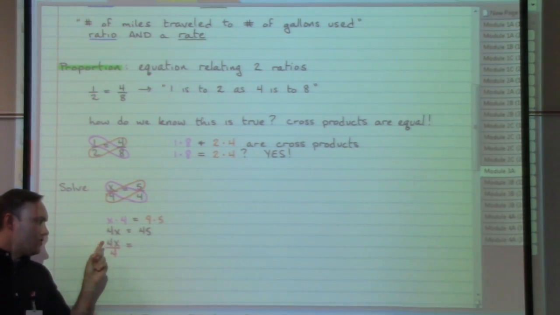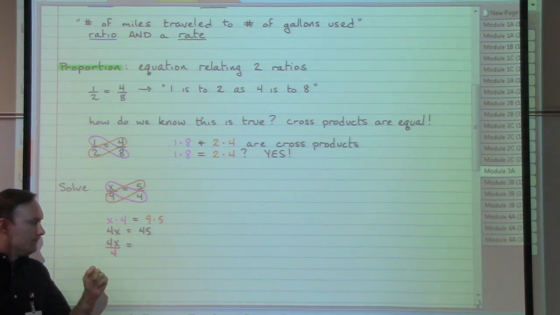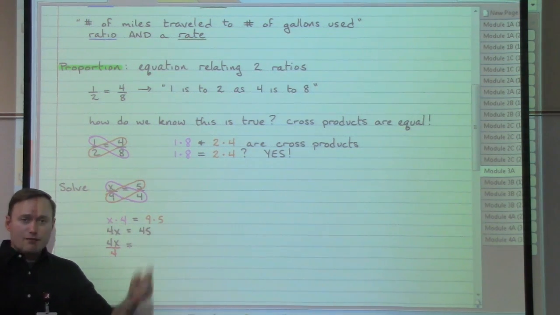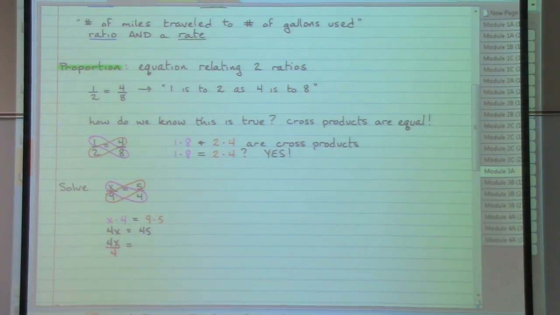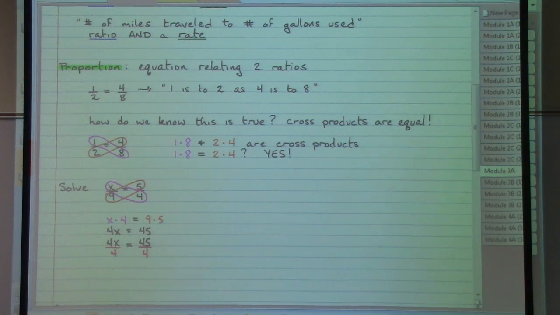So by making a change over here on the left side of my equal sign, divide by 4, I'm going to need to do the same thing over on the right side. So I'm going to take the 45 I originally had, and I'm going to need to divide that by 4 as well. So this will give us our x all by itself.